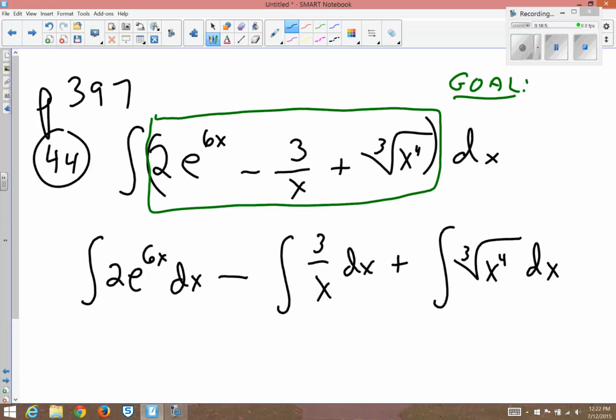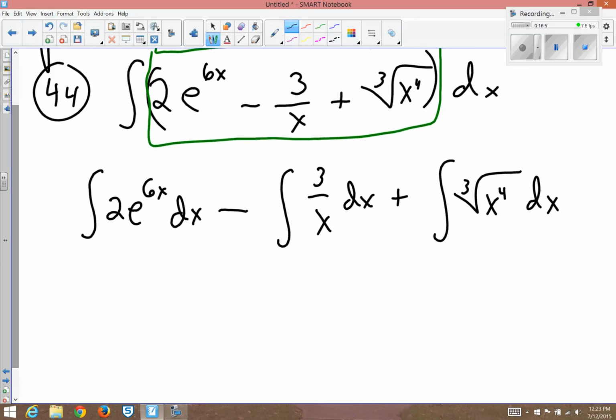So it's like three separate problems right here. When we do each of these, we actually, in the next step, we're actually going to ignore the integral symbol and the dx. Well, actually, it's too soon to say that. Well, I'll take that back for now.